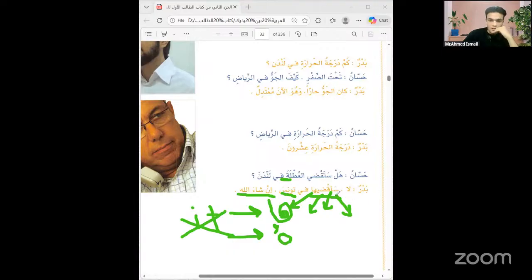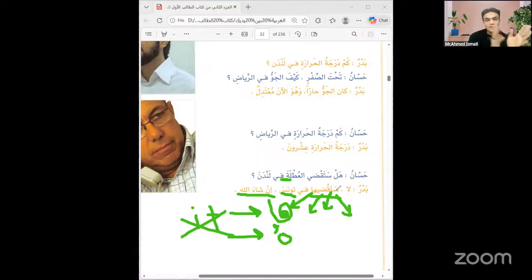So don't forget, I can make a lot of things from just one word, actually one sentence from one word, like سأقضيها here. Sa means will, and أقضي means I spend, and ha in the end means it. So I will spend it is سأقضيها.